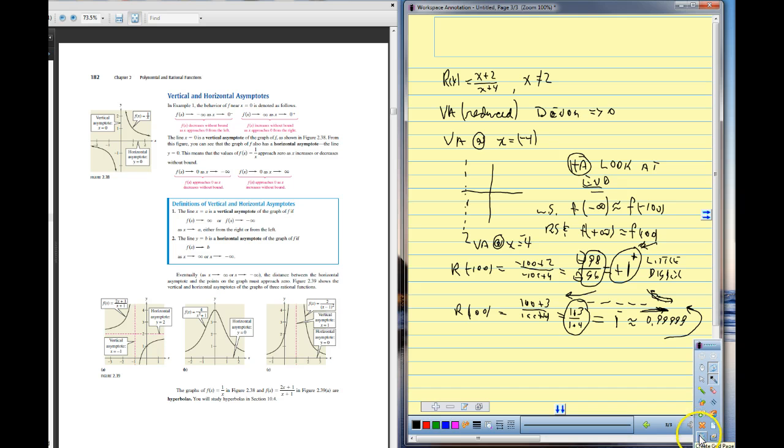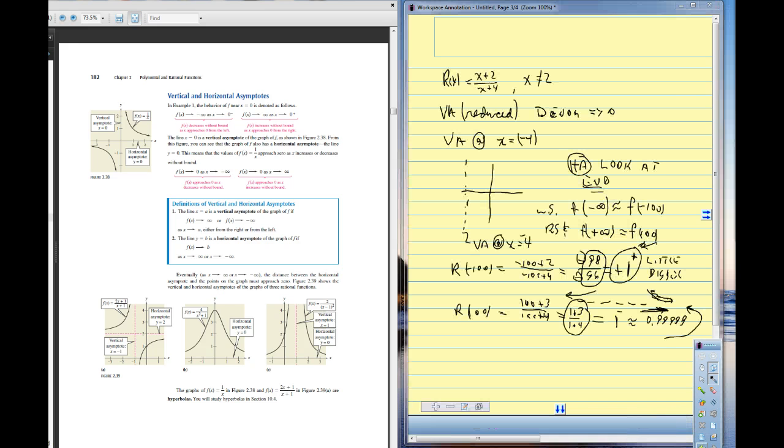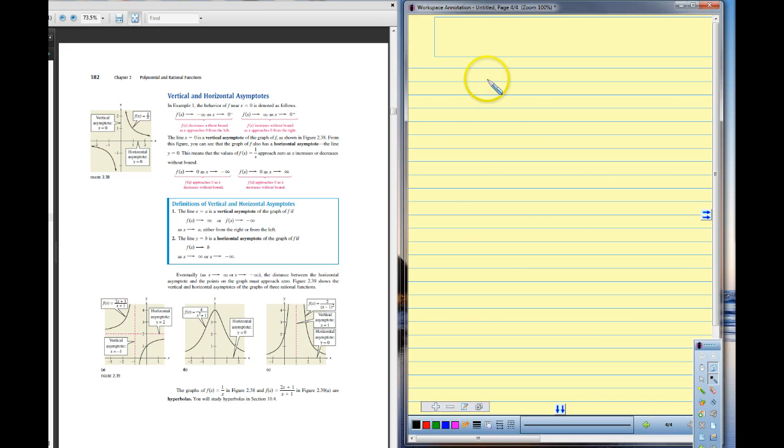Undo, text, clear, create grid page. Okay, so let's take a look at it really quick. R of x is x plus 2 over x plus 4.